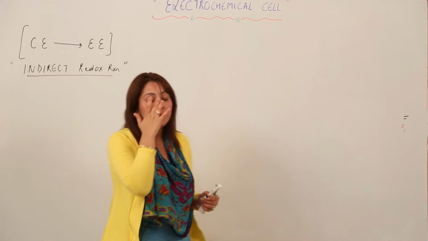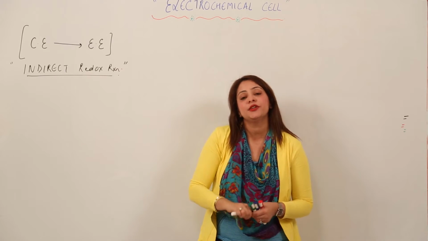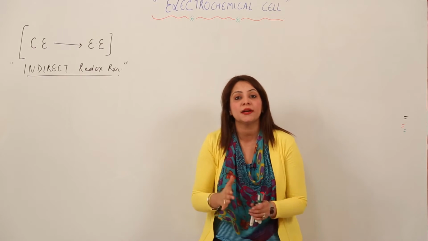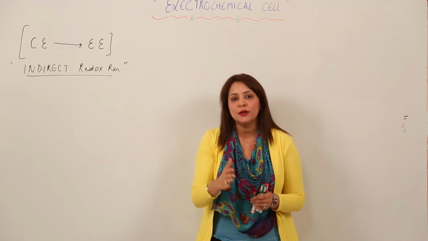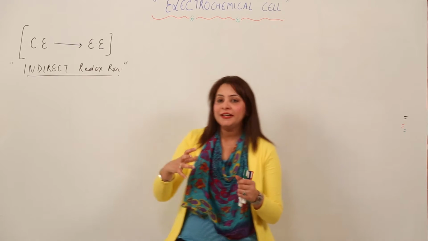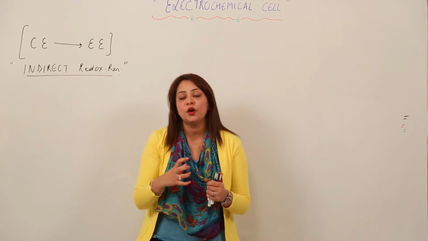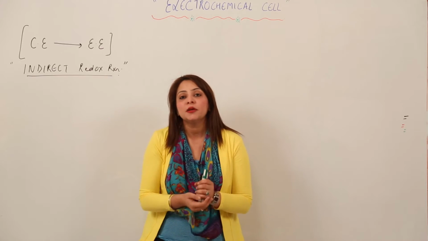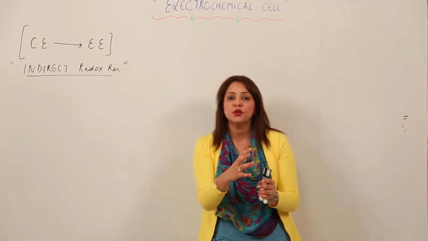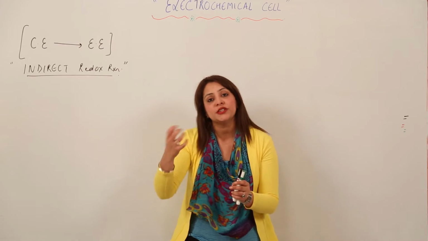As you all are familiar with the redox reaction, you know that a redox reaction is a reaction in which oxidation and reduction both occur simultaneously. You know what oxidation and reduction are. But earlier we were doing the redox reaction in a direct manner. That means we were taking a beaker, and in the same beaker some atom was losing an electron and some atom was gaining an electron.